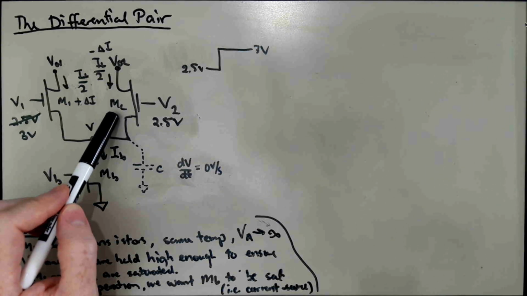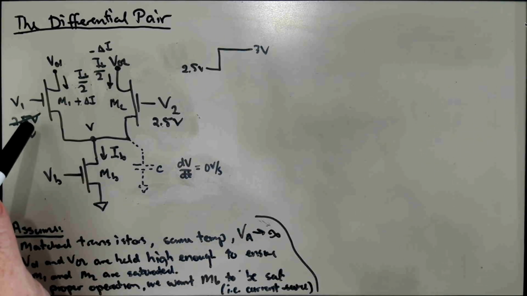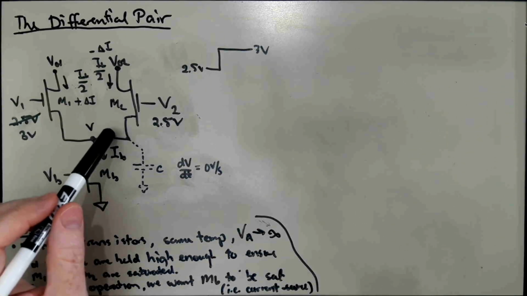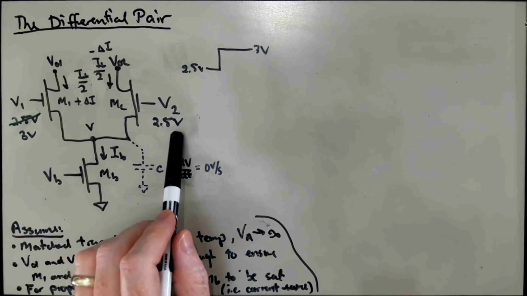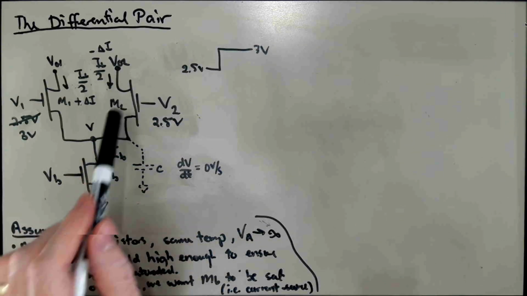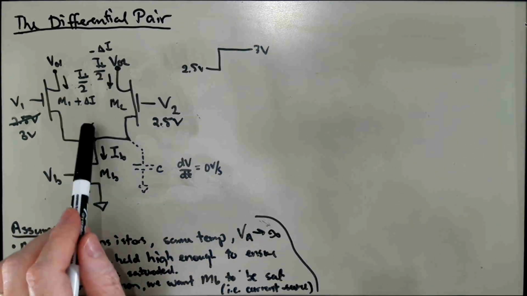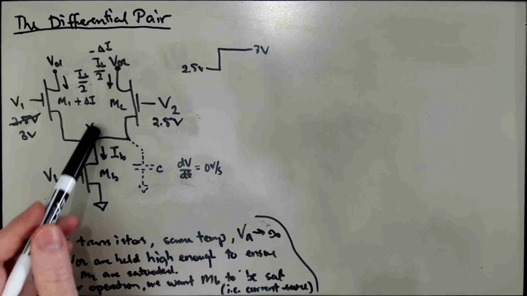Okay? So we could imagine this scenario on the other side, where we had both of them at the same level, and we increase the V2 side. We'd have the same kind of story. I2 would increase now instead of I1. More current flows onto this node than is flowing out from the bias transistor, so this node voltage is going to increase.